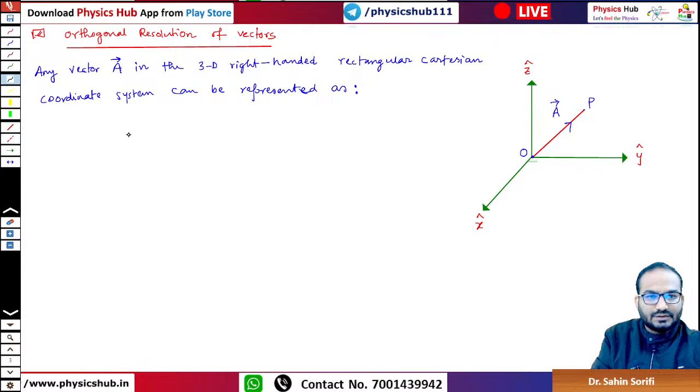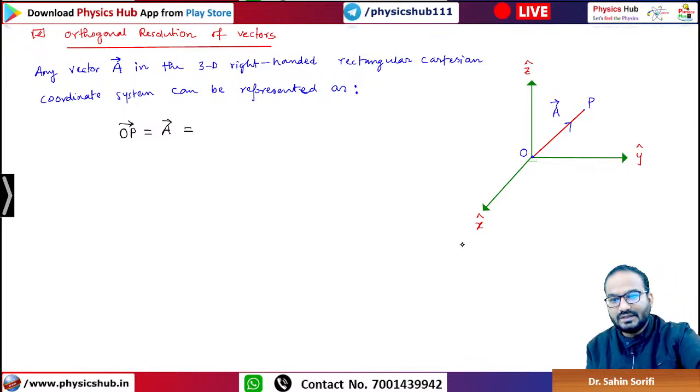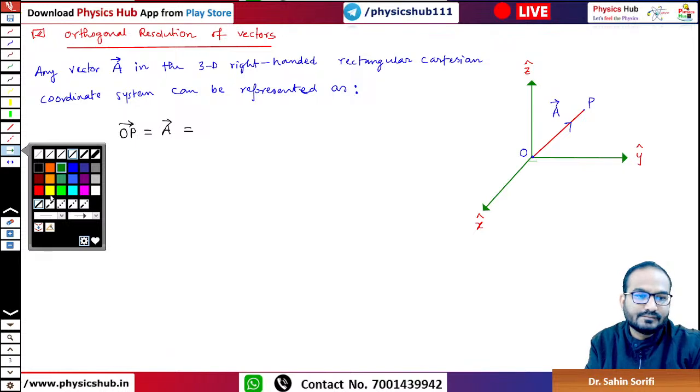So this vector, you see how we denote OP, initial point, final point. So the OP is a vector which we call vector A. So this will be, you see, if you look at this, how many components it has.